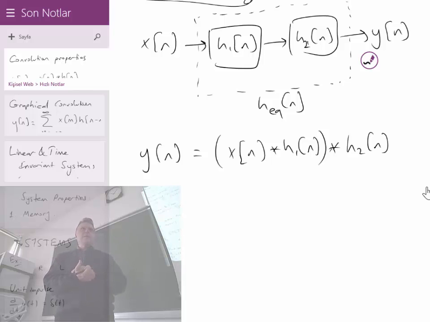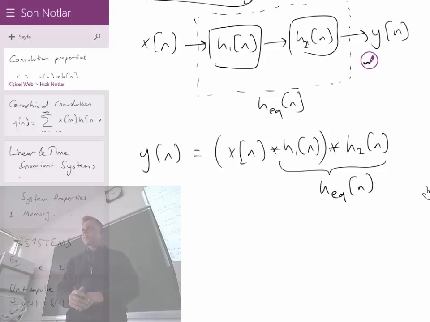But better yet, you can convolve h1 of n with h2 of n first, and then you get something. With that something you convolve x, and that something is this h equivalent of n. So the equivalent system response is the convolution of these two impulse responses. It's not the multiplication, it's not the summation, it's the convolution of the two.